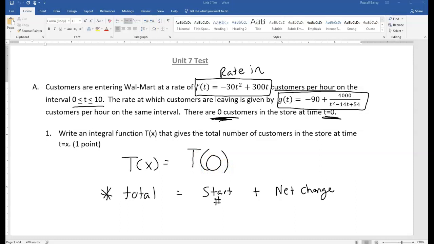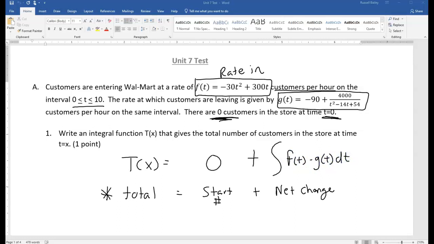And in this case that would be okay because the input is also 0. So T of 0 equals 0, so it doesn't matter if you put 0 or T of 0, just so long as you put the right one of those two things, you're good. So the starting number of people is 0 plus the net change. Now the net change would be the rate in minus the rate out integrated.